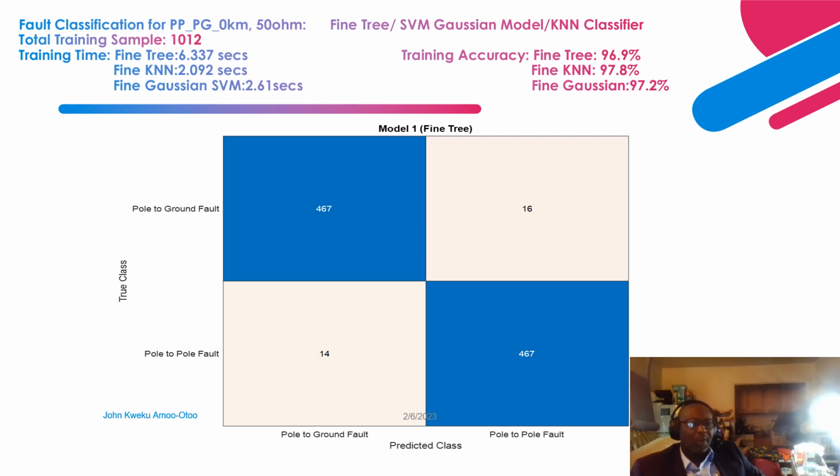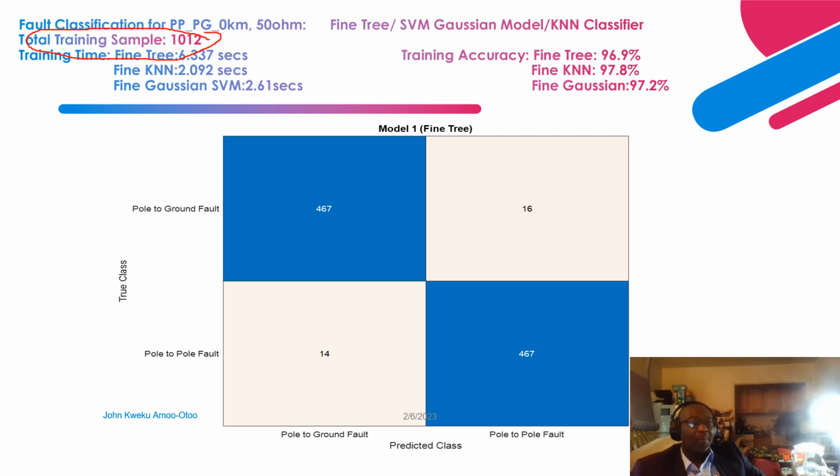Next is a confusion matrix. I will go through what the confusion matrix looks like, and basically you can understand what it means. My total training sample is 1012.